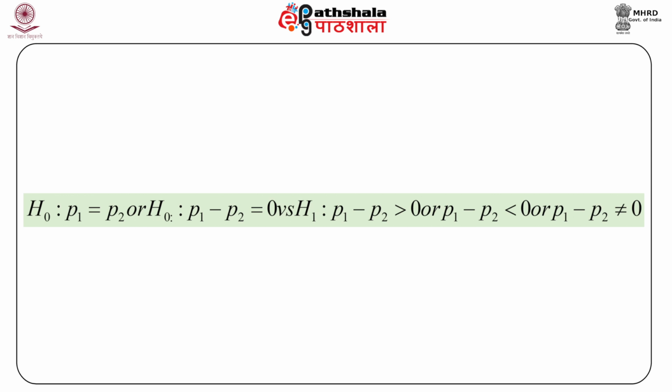Let's denote the null hypothesis H0 as P1 equal to P2, or H0 could be P1 minus P2 is equal to 0, which is the alternative way of writing the same null hypothesis.